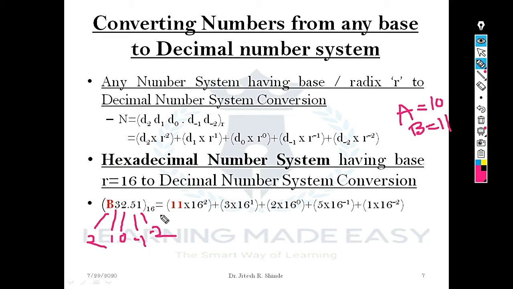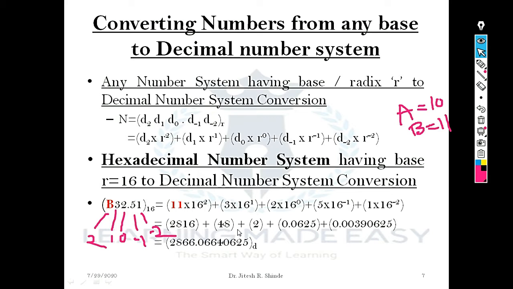So B in decimal is 11. 11 into 16 to the power 2 plus 3 into 16 to the power 1 plus 2 into 16 to the power 0 plus 5 into 16 to the power -1 plus 1 into 16 to the power -2. On solving this bracket, we will be getting 2816 plus 48 plus 2 plus 0.3125 plus 0.00390625.